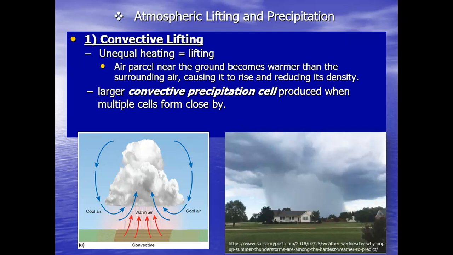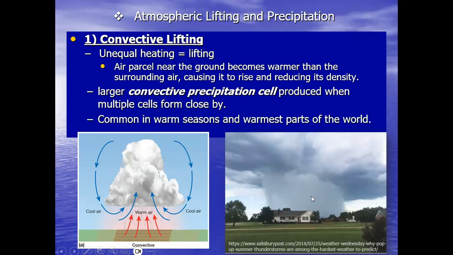So when those multiple cells form, you could get a larger convective precipitation cell, and then it becomes still probably localized, but a larger storm than what you're seeing here in this picture. And again, we'll find it in the warmest parts of the world where you just have that intense heating taking place. But in our United States, commonly in the summer months.